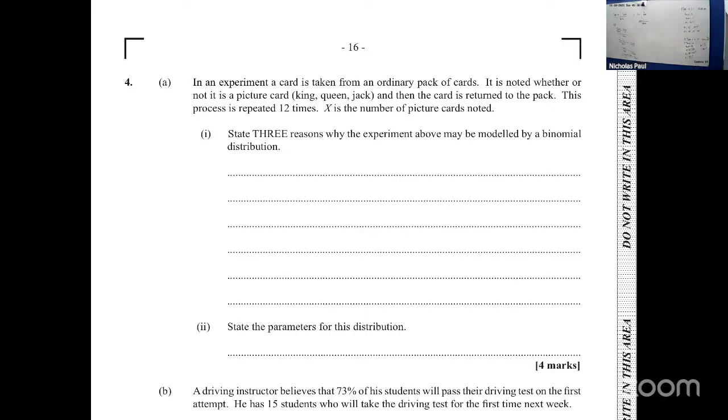What else? Fixed number of tries, you have 12 tries. You have one more. So it can be repeated a finite number of times.